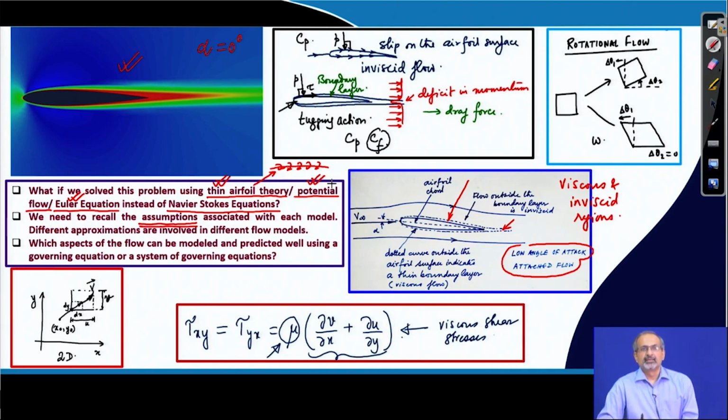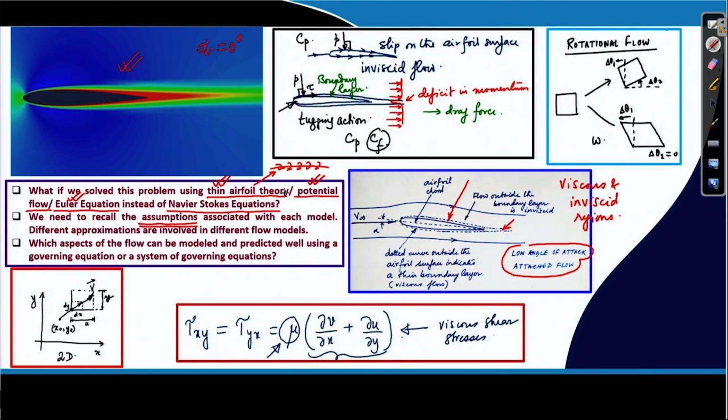That means, such a modeling already tells you that it works very well only for extremely thin airfoils, and even if you look at camber, the camber is virtually so small that it may as well be ignored. That kind of a situation is there. So, if you really make the airfoil much thicker or you add significant camber, will thin airfoil theory work? Probably not so satisfactorily.